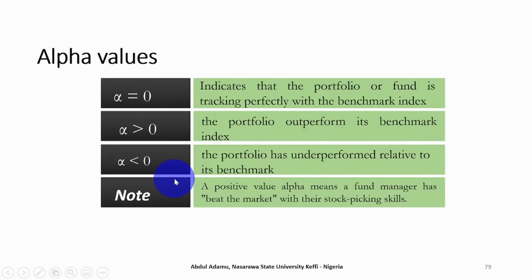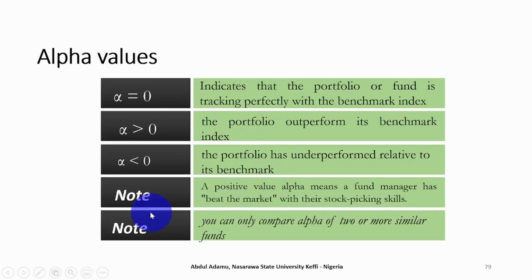We should note that a positive value of alpha means that a fund manager has beaten the market with their stock picking skill. Sometimes it might not be their stock picking skill, it might be as a result of other factors in the economy that make the alpha value positive. We should take note of that too. Also, we should note that you can only compare alpha values of two or more similar funds.